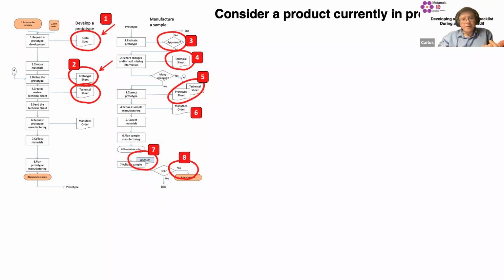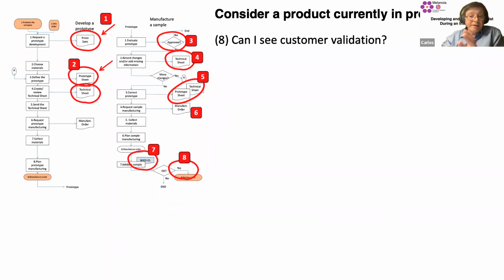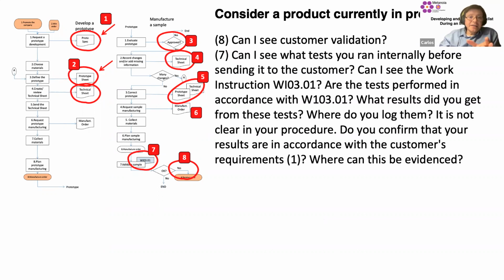So, for example, can I see customer validation? Can I see what tests you run internally before sending it to the customer? Can I see the work instruction? Are the tests performed in accordance with the work instruction? What results did you get from these tests?